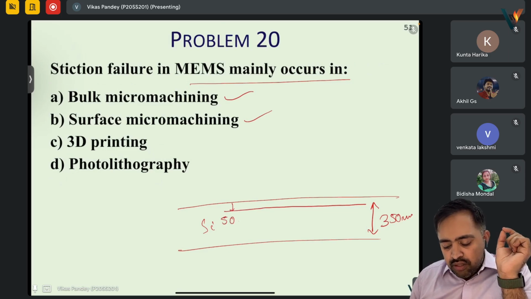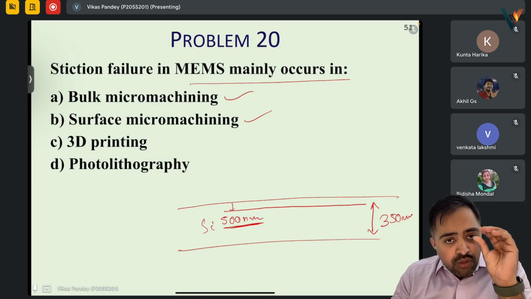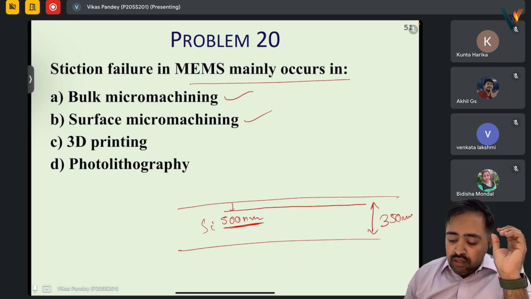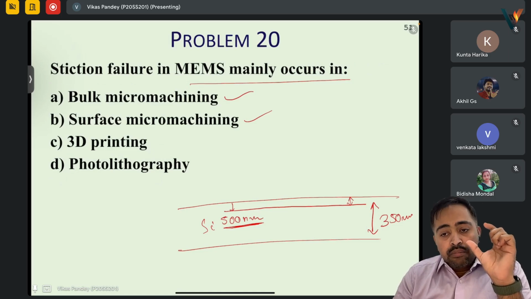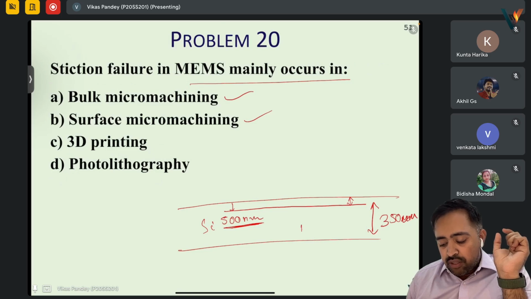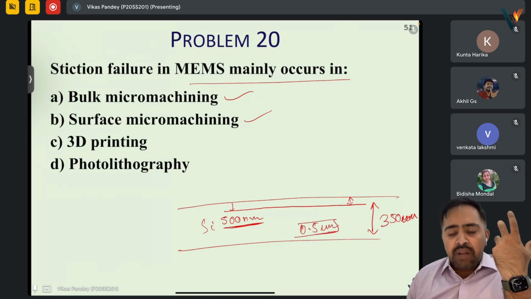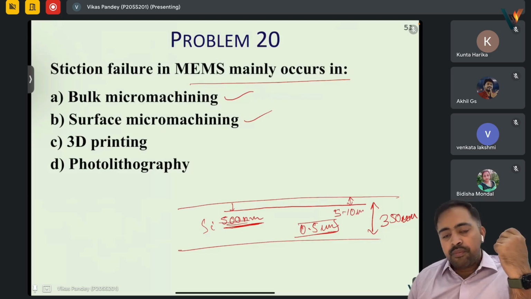But most of the processes occur in the top 500 nanometer. When we talk about semiconductor fabrication, most of the things occur in the top 500 nanometer only. 350 micrometer, you can understand, and this is just 0.5 micrometer, or at most, in old days, it was happening in 5 to 10 micrometer.